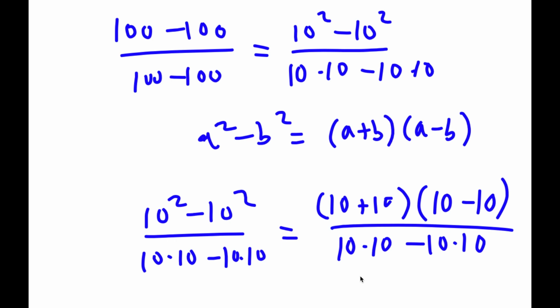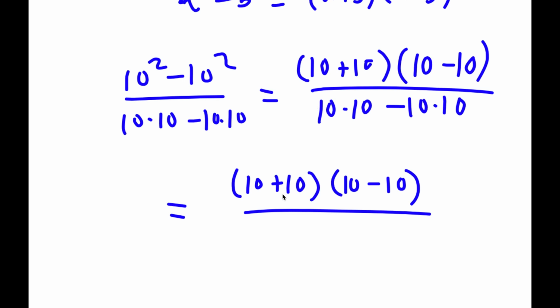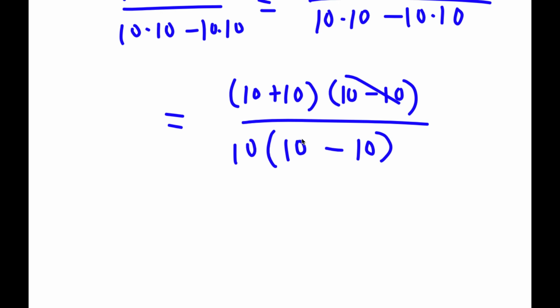And now from the denominator, if I factor out 10, I get 10 times, from here, all that's going to be left is 10 minus 10. And now, I'm simply going to cancel out these two 10 minus 10s.